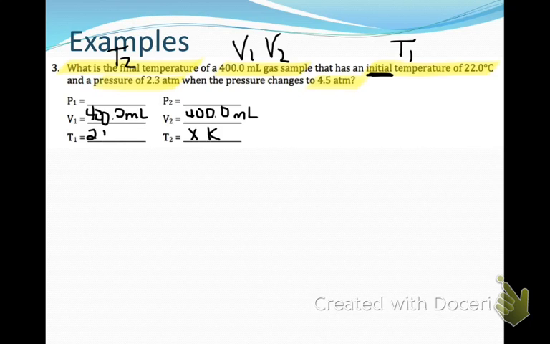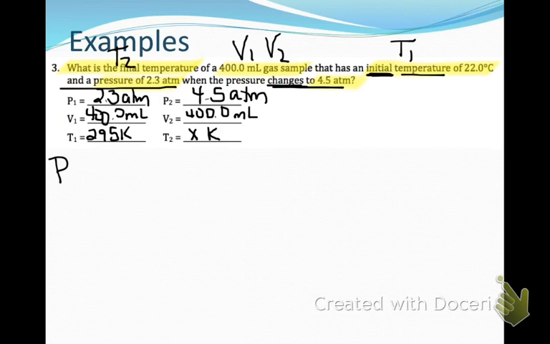That ends up converting to 295 Kelvin. So the initial temperature and the initial pressure of 2.3 atm. And it says here the pressure changed to 4.5 atm. So I now have P1 V1 over T1 is equal to P2 V2 over T2.